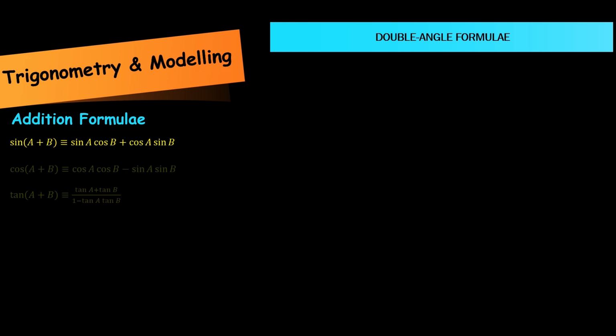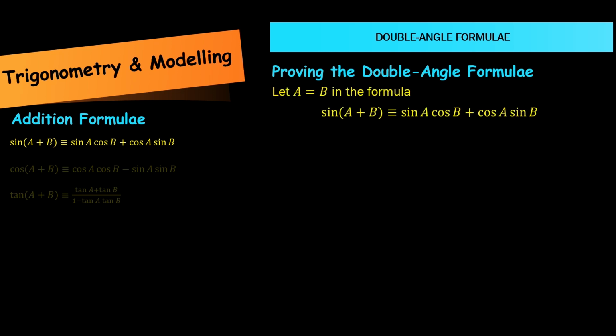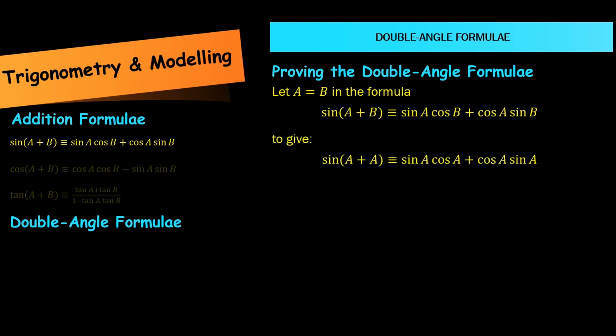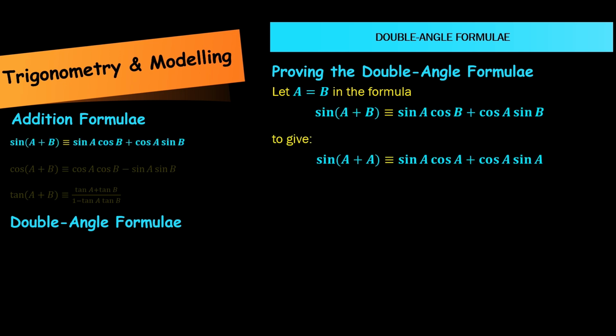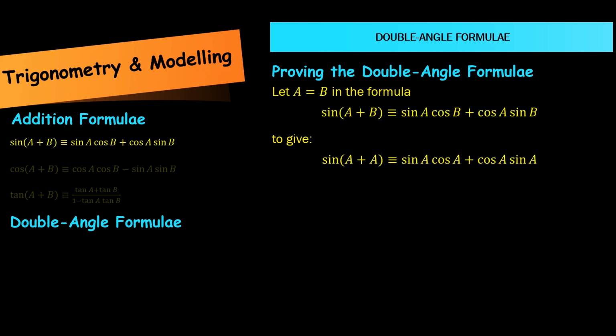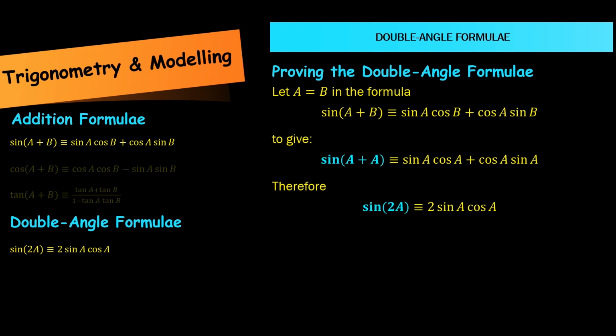If we let A equal B in the formula for sine, we obtain sine(A + A) is identical to sine A cos A plus cos A sine A. And therefore, if we tidy up, we obtain sine 2A is identical to 2 sine A cos A. And this is our first double angle formula.